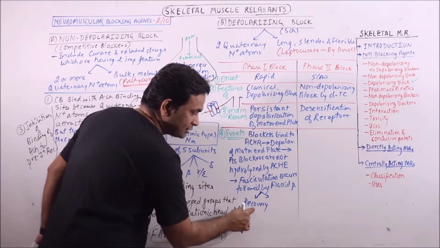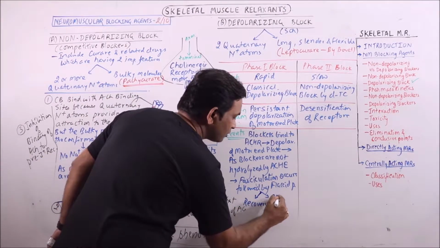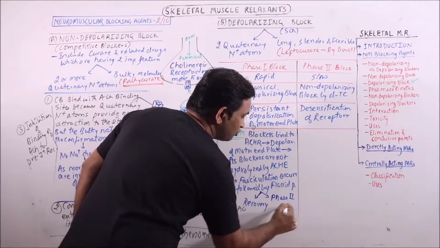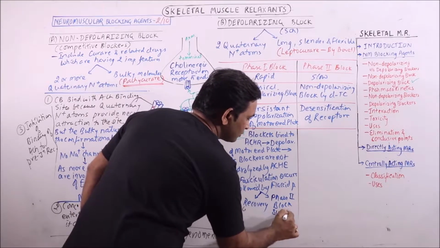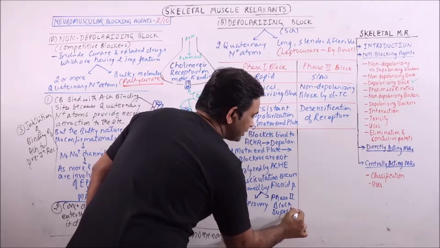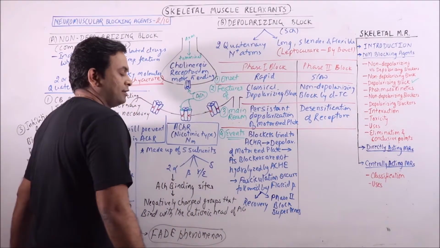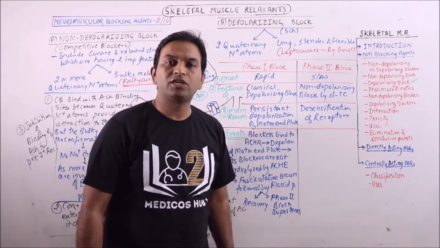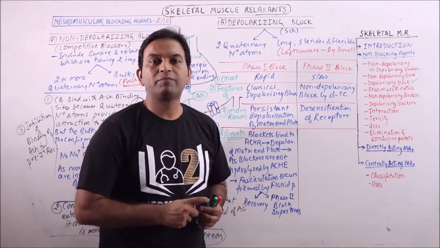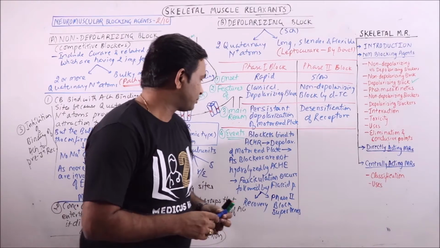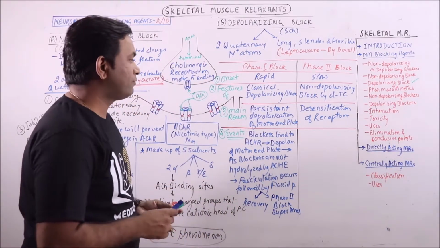So either recovery is there or phase 2 block supervenes. It supervenes in conditions like deficiency or defective butyrylcholinesterase, or when we give repetitive doses of succinylcholine. So these are the events occurring in phase 1 block.